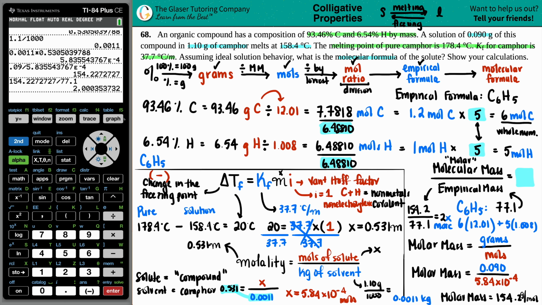But now since we know that we are 2 times more, I'm going to take the subscripts and times them by 2. That's all you've got to do. So 6 times 2, 5 times 2. We finally get a molecular formula of C12H10. And that is the final answer.